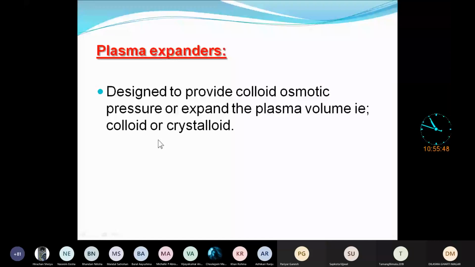Sometimes fresh blood is required, and the patient's cross matching has to be done, so it will take time. That's why till that time we'll give the plasma expander. It is designed to provide colloidal osmotic pressure or expand the volume of the blood, and these solutions are colloidal solutions or crystalloid solutions.